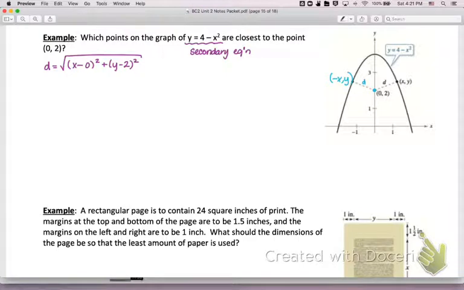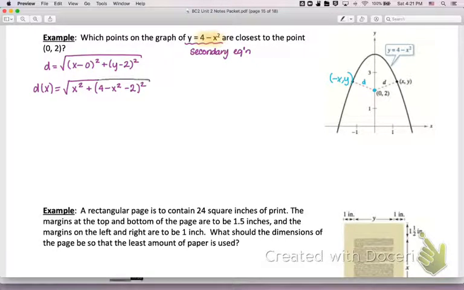What this allows us to do is take out y and replace it with 4 minus x squared. Then our distance formula is going to become a function of x, because that'll be the only variable we have. So we have the square root of x squared, because that's what (x minus 0) squared goes to, plus, we take out the y and replace it with (4 minus x squared minus 2) squared.